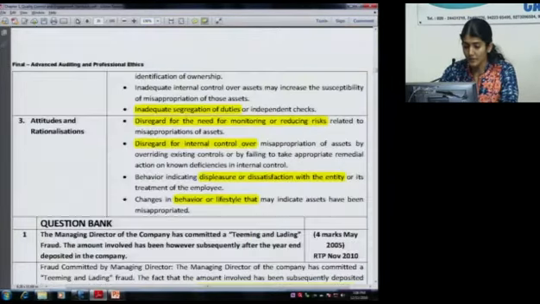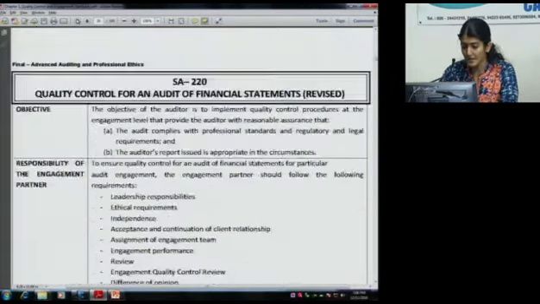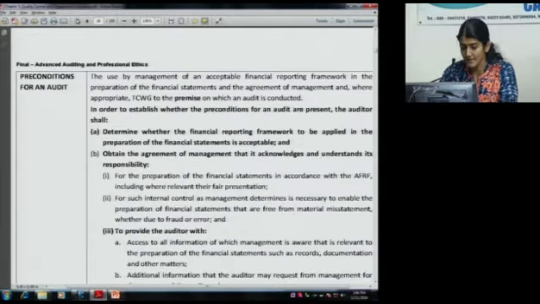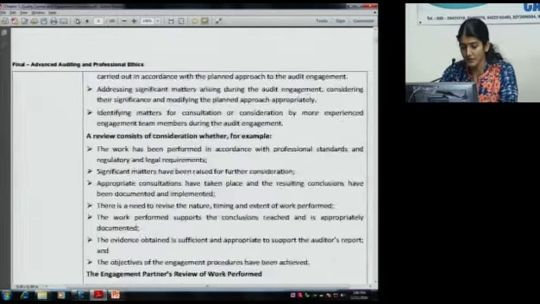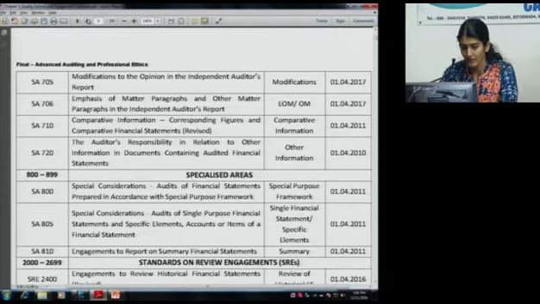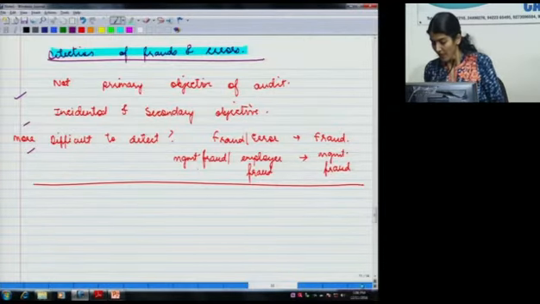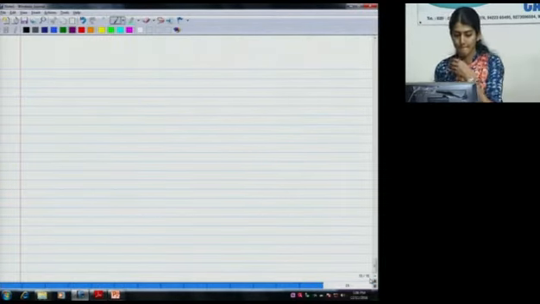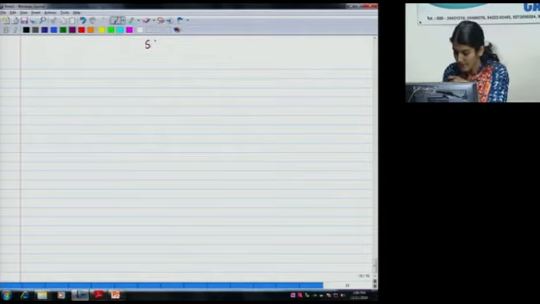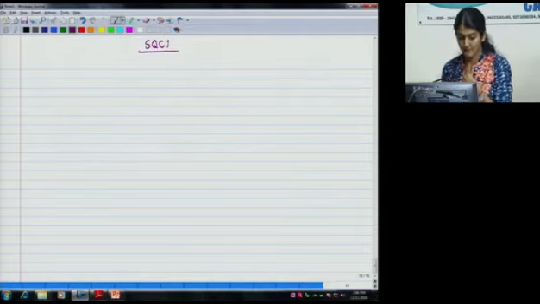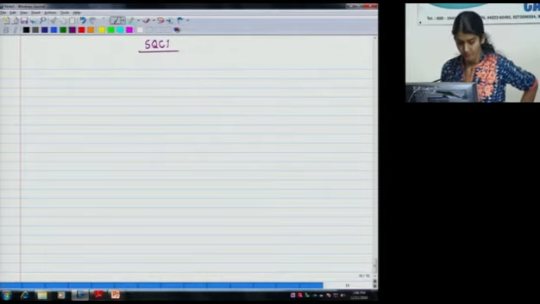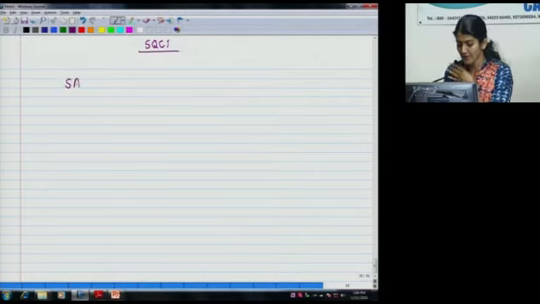Now coming to the next standard, which is SQC 1, Standard on Quality Control 1. What are the other standards other than SQC?